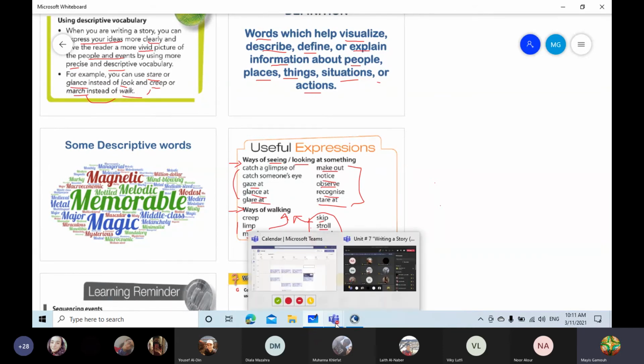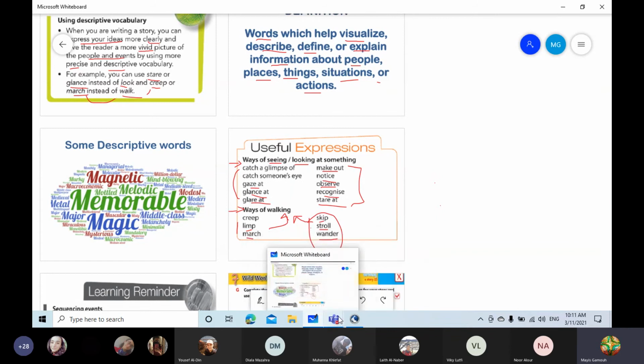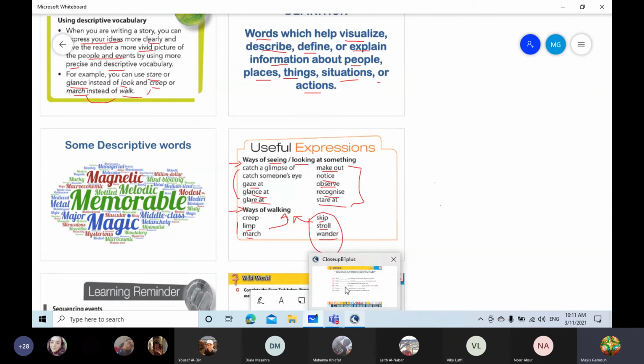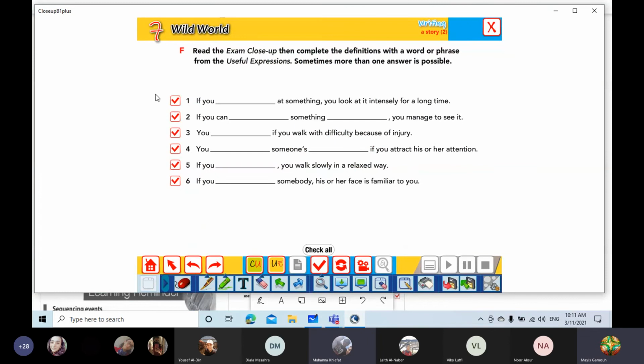So number 1, as Mhanna said, is stare or glare. It's a way of seeing or looking at something. Thank you. Number 2, and I'll have Farah. Yes, teacher.